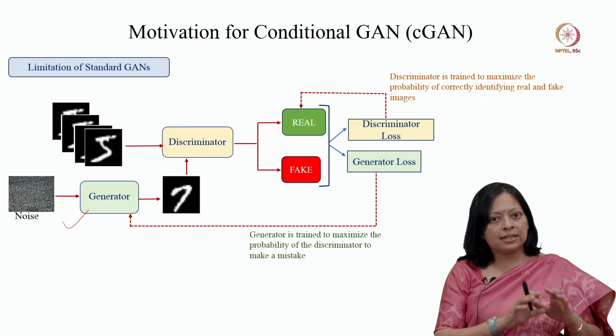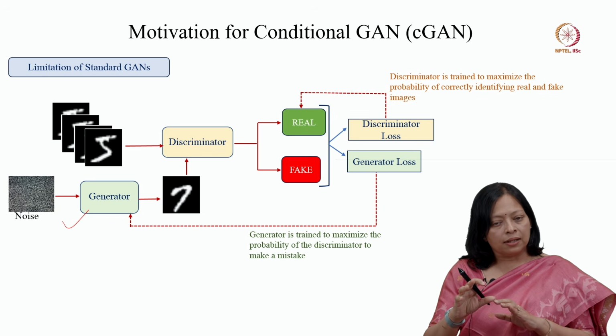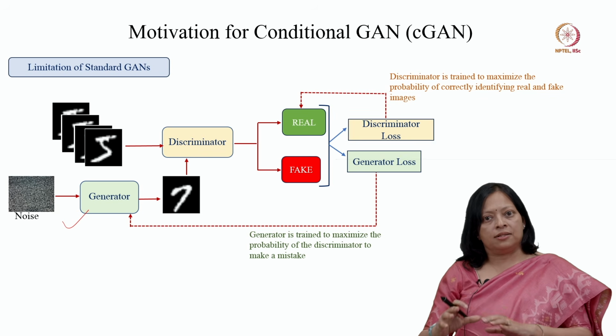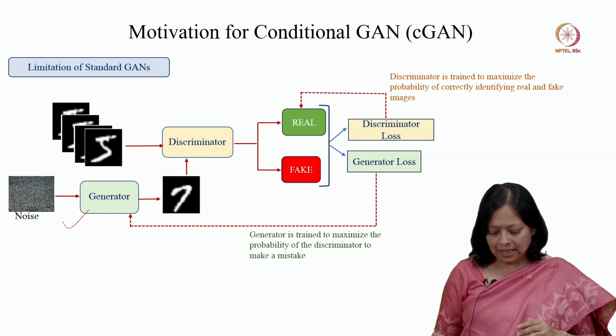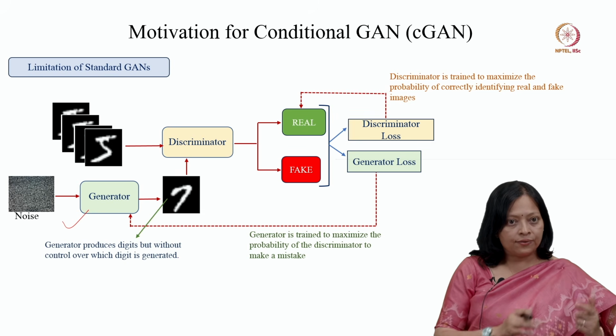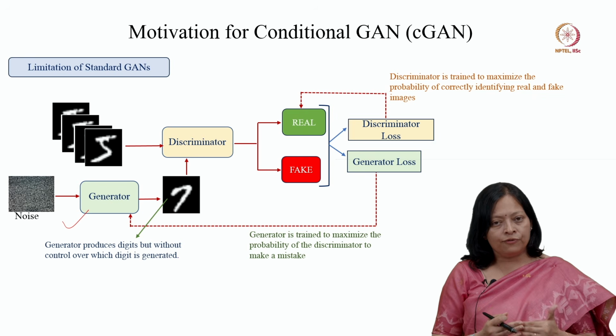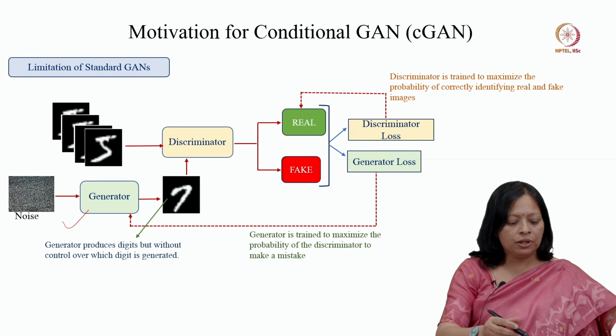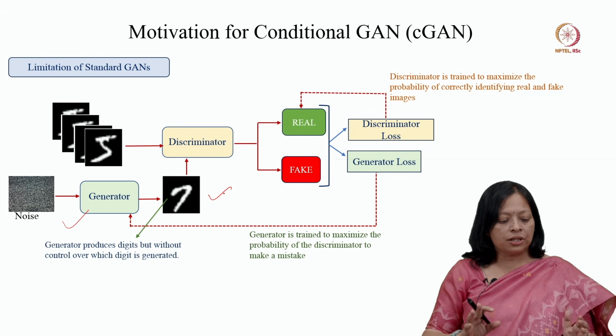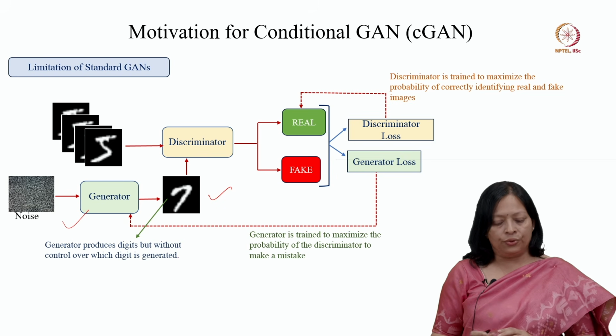This is the way the generator and the discriminator are trained in GANs. As I was saying before, the generator produces digits, but without control over the digit it is producing.